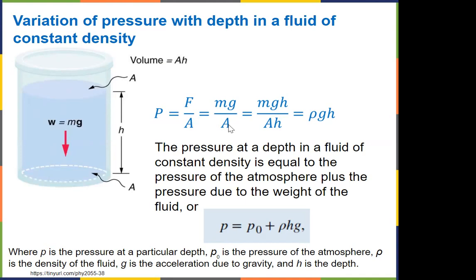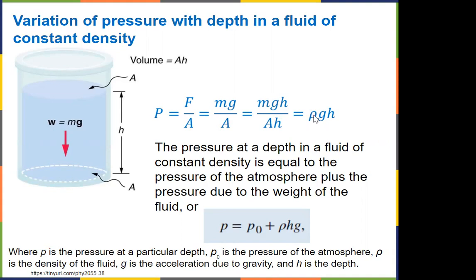If you multiply the numerator and the denominator both by h, then at the bottom you will have A times h, which is the volume of the liquid. Then mass divided by the volume gives you the density, rho, the density of the liquid.